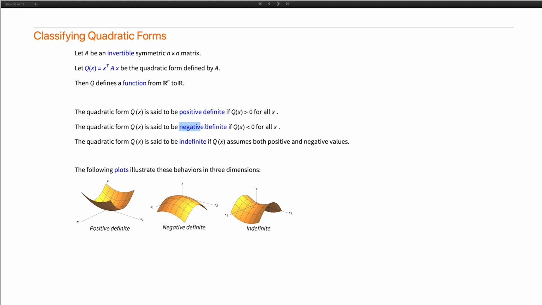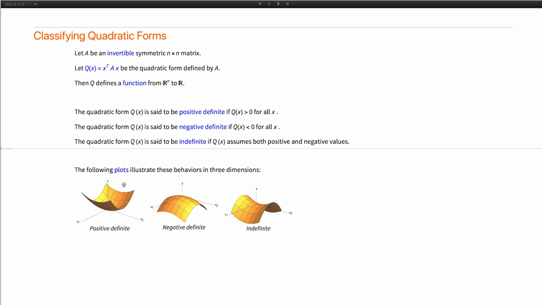It is negative definite if the value of Q of x is negative for all x. And it is indefinite if Q assumes both positive and negative values. So three possibilities: either all the values are positive, or they're all negative, or some might be positive and some negative.